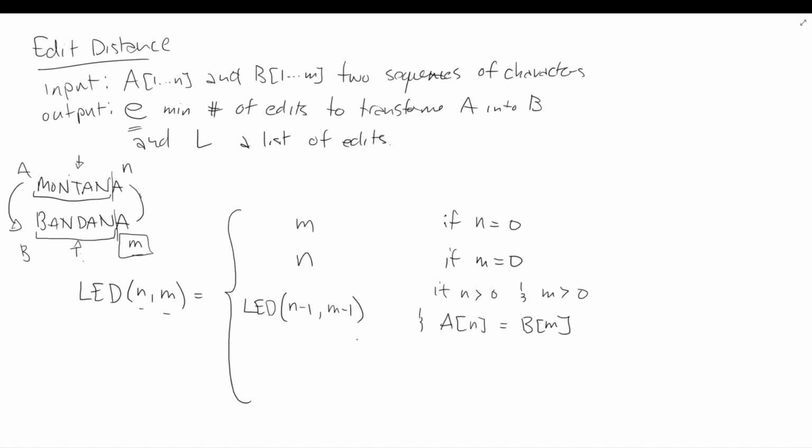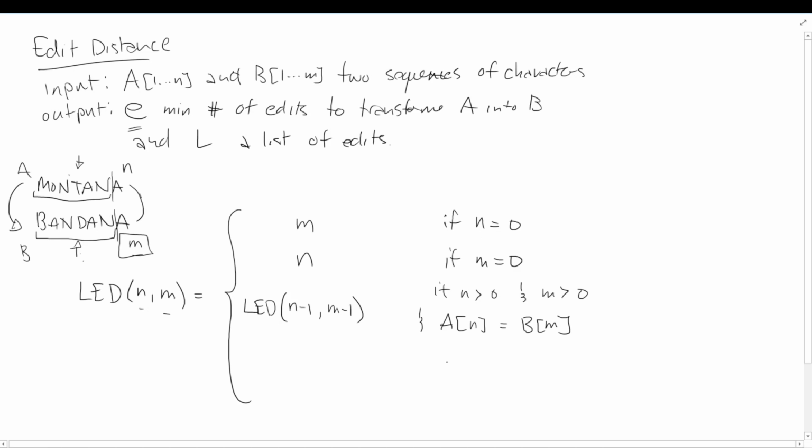We've switched from a maximum, the longest common subsequence, to a minimum, the minimum number of edits. So switching from a maximum to a minimum, we've sort of swapped the roles that things are playing in this problem. So in this case, there's no plus 1. That's actually good. That's saying we don't need any edits here. We don't need to make an edit to change A into A.